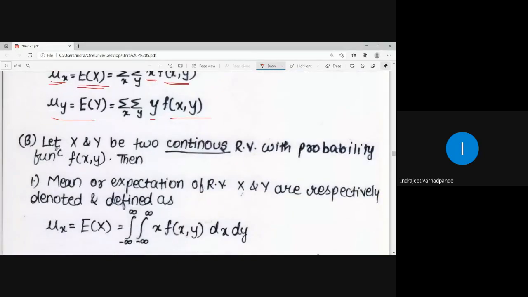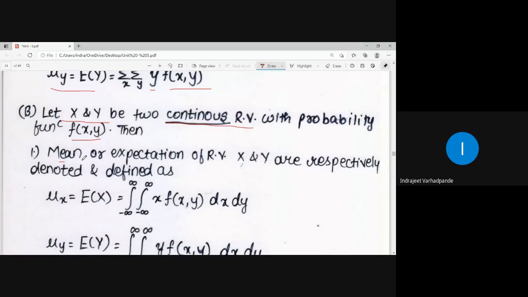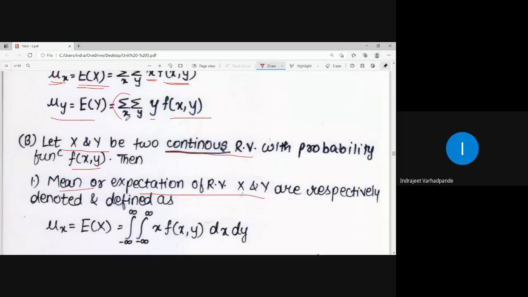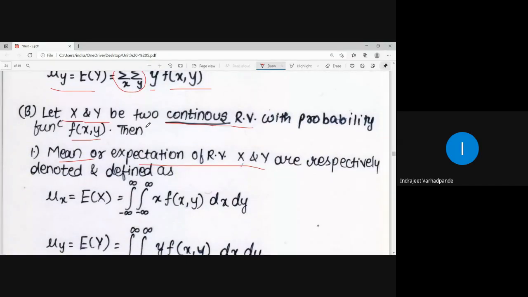Similarly, if X and Y are two continuous random variables with probability function f of xy, then the mean or expectation of random variables X and Y are respectively given by the following. In case of discrete, it is given by summation. And in case of continuous random variable, that summation gets converted to integral.